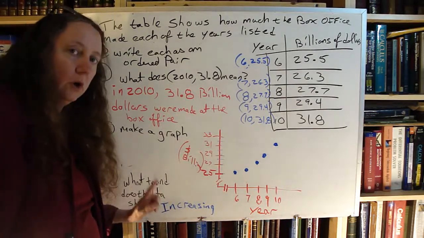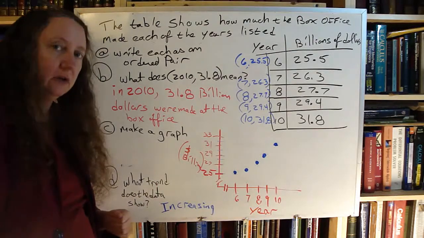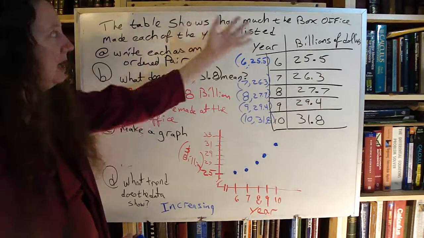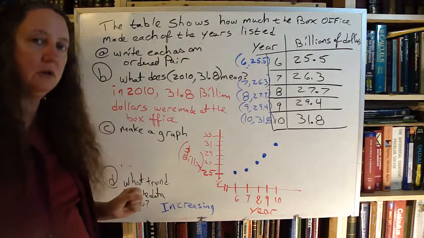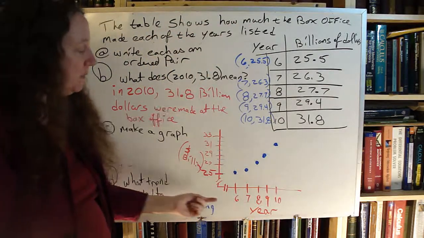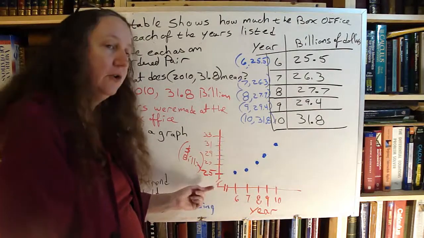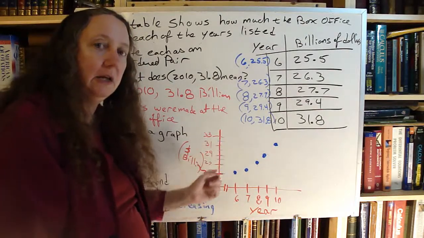So in one word, I would say increasing. In an explanation for the entire question, I would say, as the years go by, the box office is making more money each year.